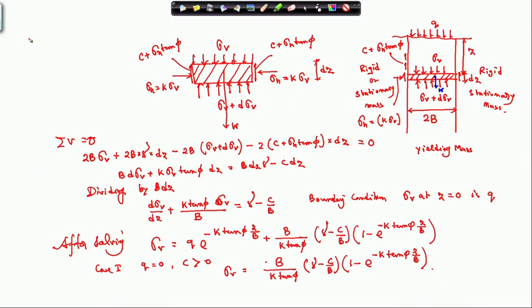Okay. Now, case 2, where q is not equal to 0 and C is equal to 0.